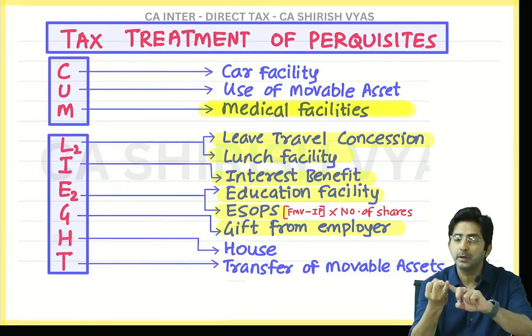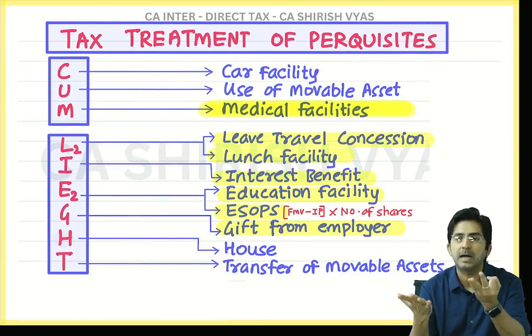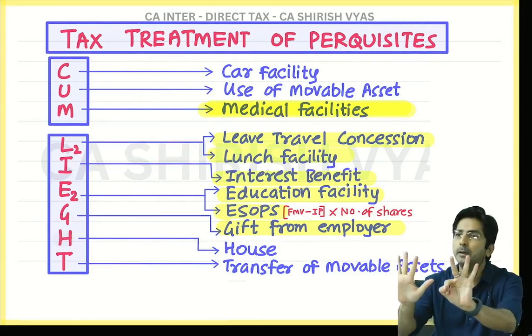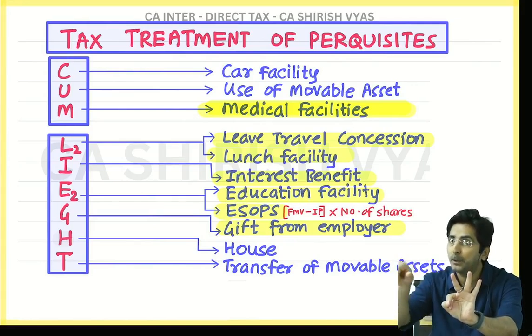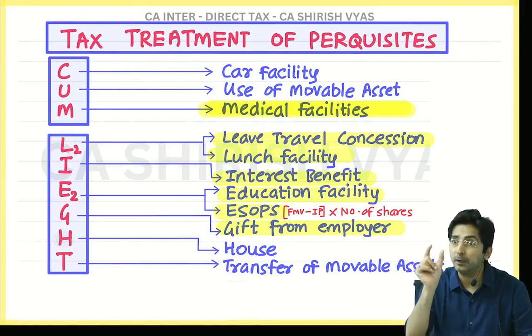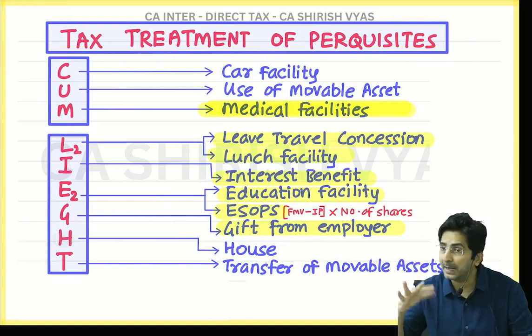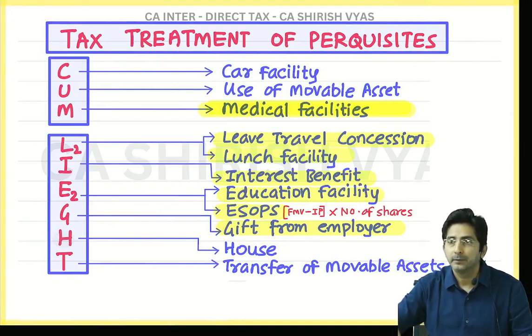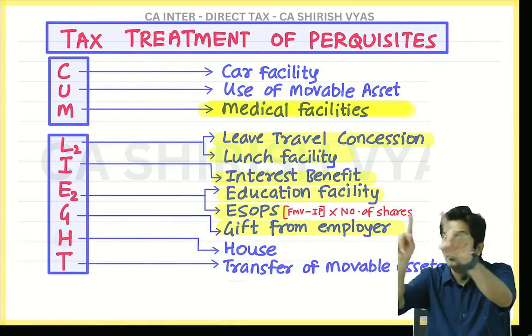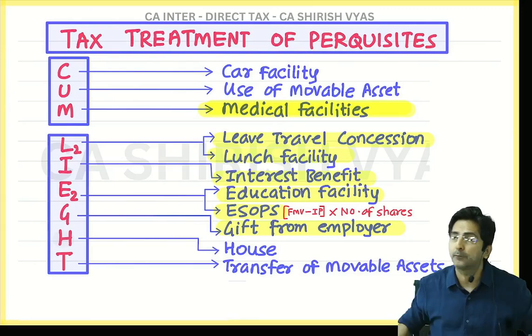A few months: August, September, October, November, December, January, February, March. 8 months. So depreciation will be multiplied by 8 by 12, because the rate of 10% is per annum. Per annum is per year. So you will have to make it into 8 by 12. And that amount will come in the statement of income from salary.